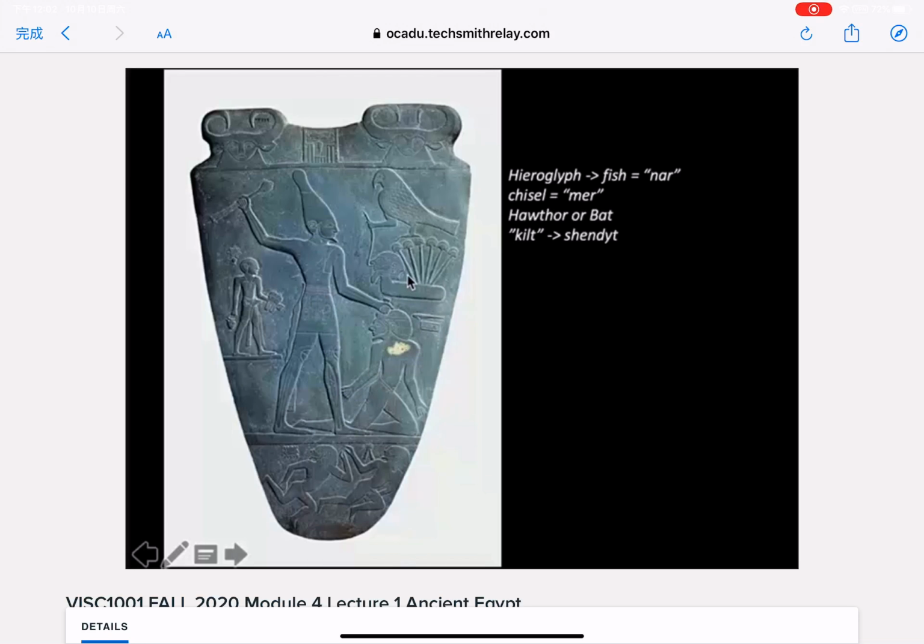To the right, watching this scene, we have another representation of a god, this time the god Horus, the god in whose temple this palette was erected. And Horus is shown in the form of a hawk, potentially a falcon, but I think it's a hawk given its size, with a human arm and hand.